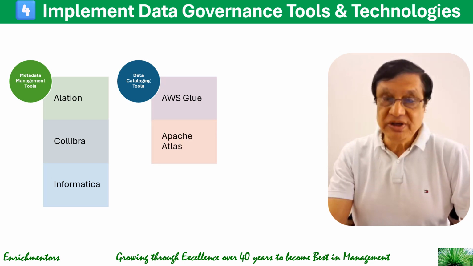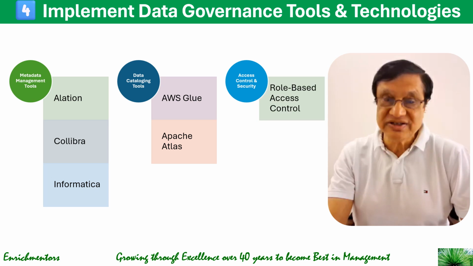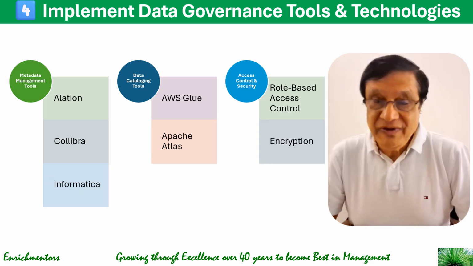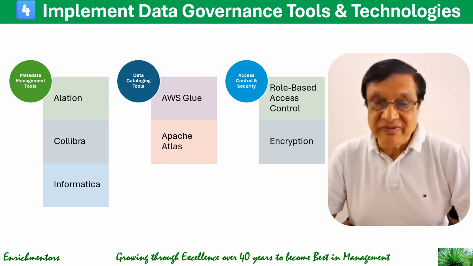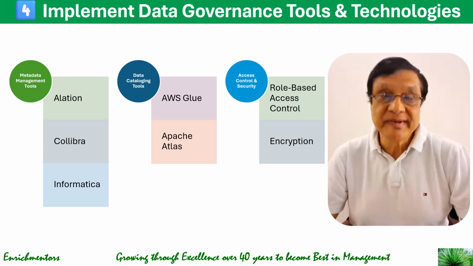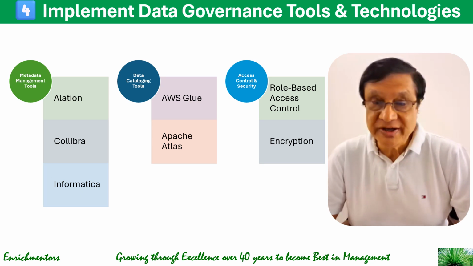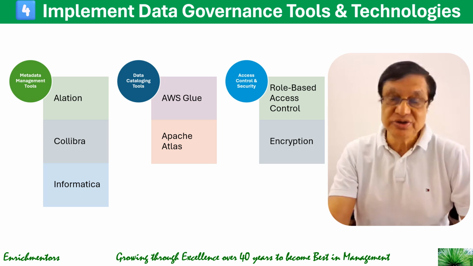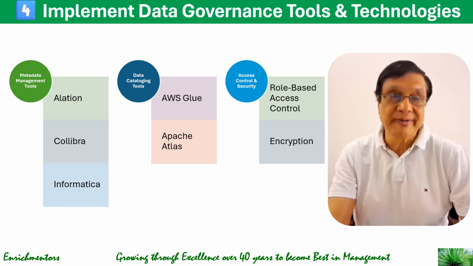You could also be looking at access control and security tools, which could be role-based access control or encryption. Netflix uses automated data governance to regulate how engineers access customer data. So they use automation of the data governance to regulate engineers accessing customer data.